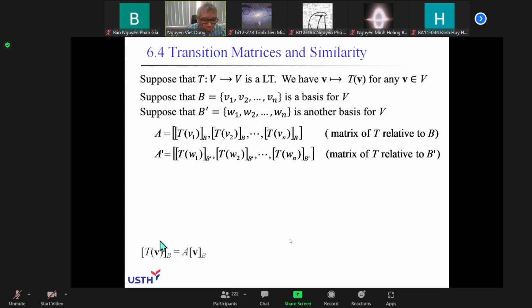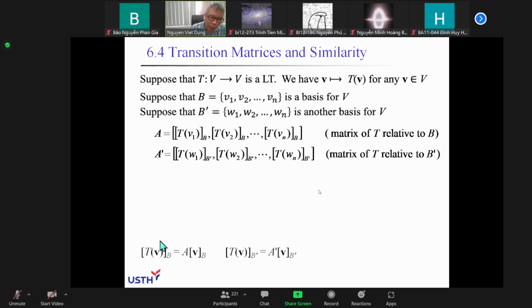And T and A prime are related by that formula. Then you see, you have A and A prime. They are matrices of the same linear transformation T, just relative to different bases. We would like to know the relation between A and A prime, how they are related to each other.